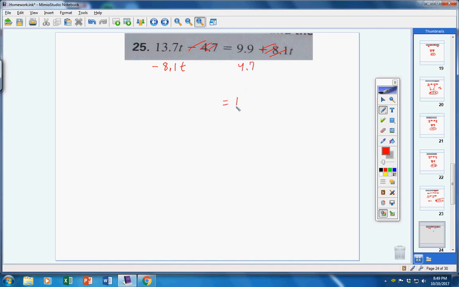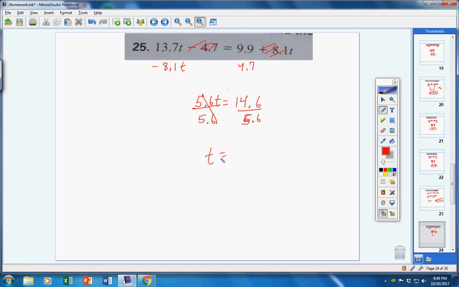And we get 14.6. Over here we get 5.6t. Alright? Now, on these decimal equations like this, on the test, you are more than welcome to use your calculators. That's fine. These cancel with my calculator.